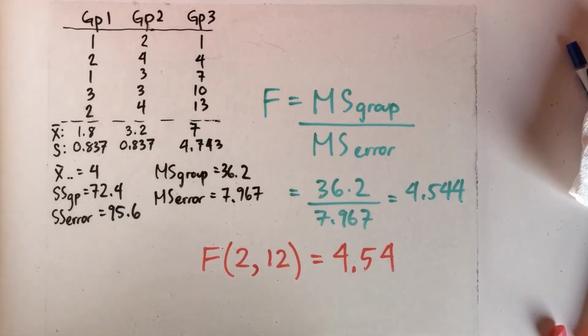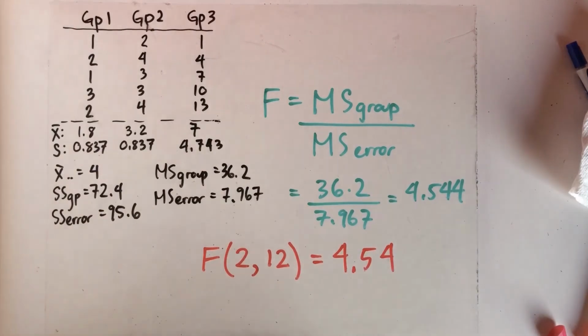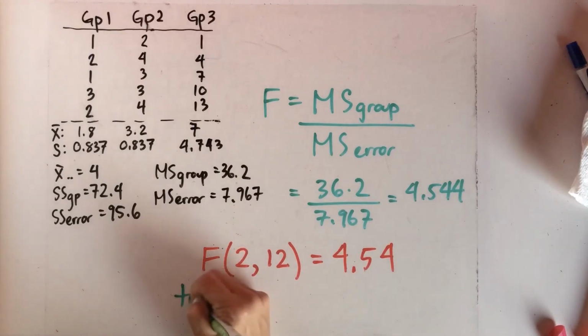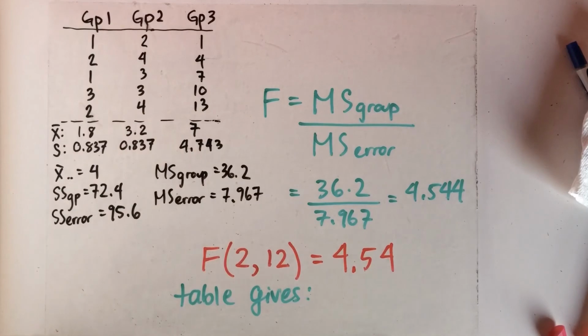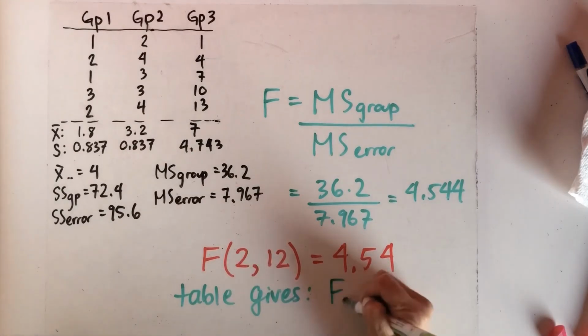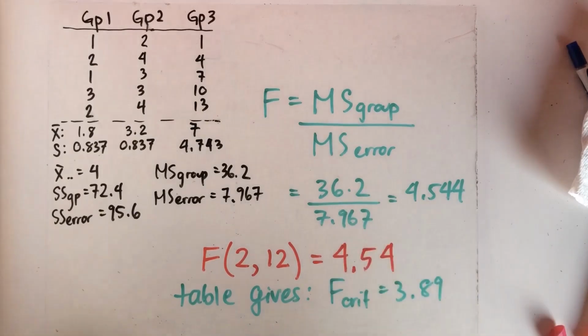Now, you may be wondering what significance this F has. If we looked it up in the table, I could tell you that the table gives F crit equals 3.89, rounded to 2 decimal places.